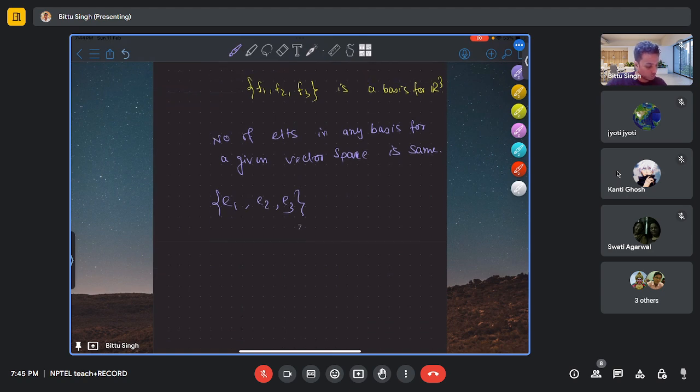So question: e1 plus e2 and e1 plus e3, is it a basis? The answer is no, because the dimension of R3 equals 3, because e1, e2, e3 is a basis for R3.